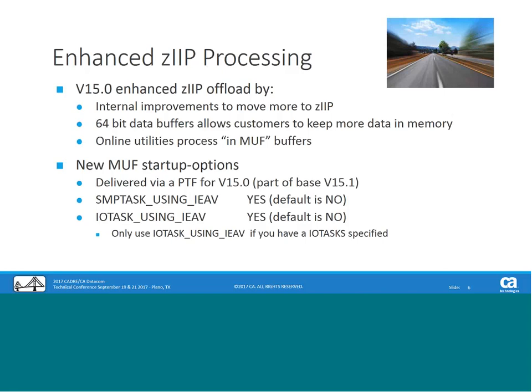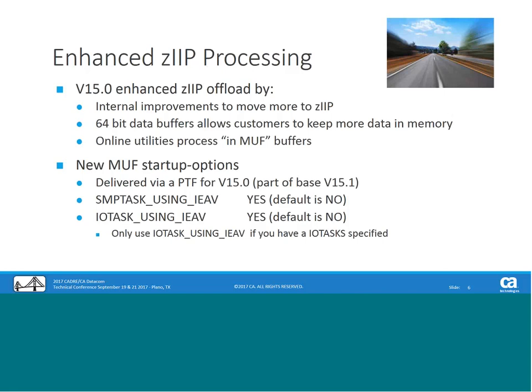So the default for both of these features was delivered and will continue to be no for the time being. However, going forward, at some future point, we may flip this on as a default of yes because it benefits everyone and allow you to turn it off if you don't like it. If you're familiar with Datacom, we do this a lot when we bring in new things like 64-bit memory processing for the index buffers.